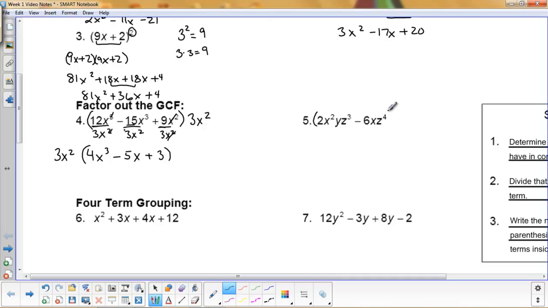All right, we're going to look here for the number first. The number has to be 2. And then we're going to look for the variables one at a time. So the greatest number of x's that can come out is going to be that one right there. The greatest number of y's that can come out will be none, because this term doesn't have any, so that's no greatest common factor. And then with the z's, there's a 3 here and a 4 there, so we'll be taking out 3 of those z's.